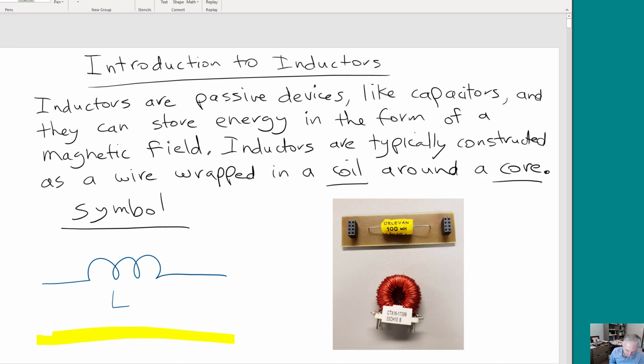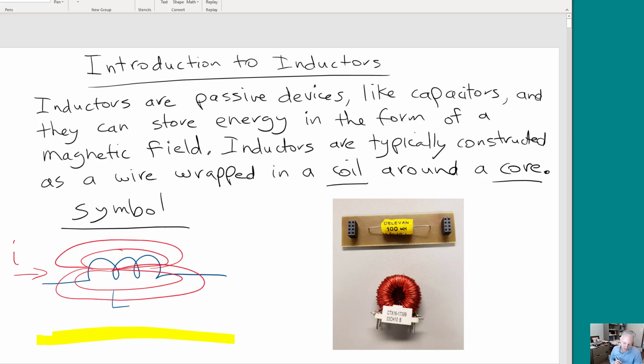And so what would happen is we would have, let's say, current flowing in the inductor, so that would be some I, and then the current would go around in this coil, and a magnetic field would develop around the coil like so, that you've probably seen in physics, okay? So that's the magnetic field.